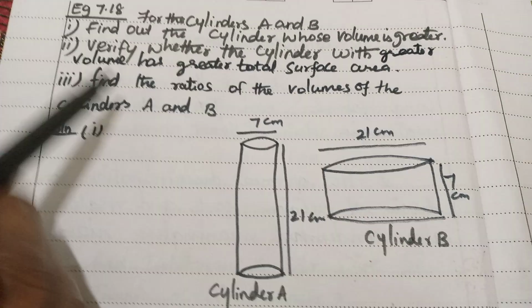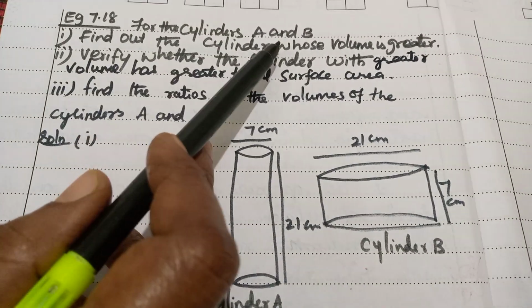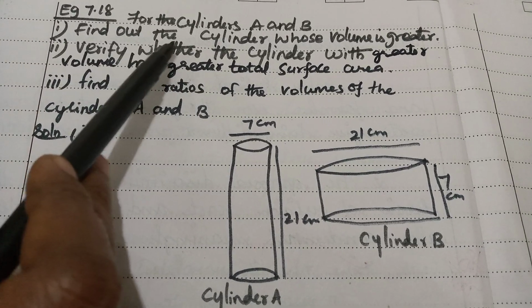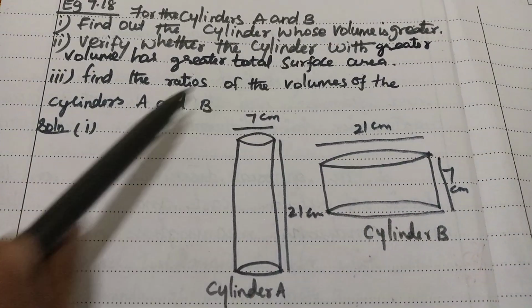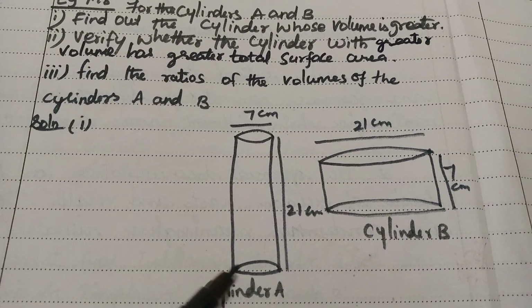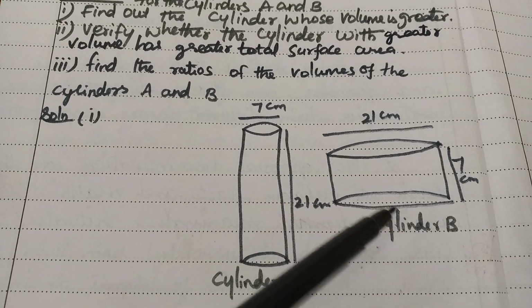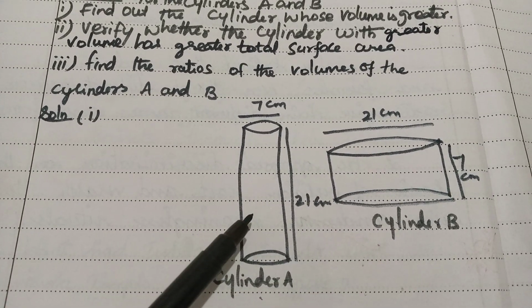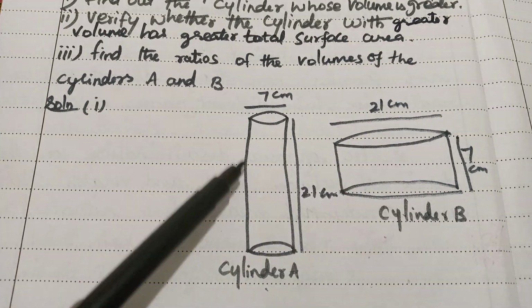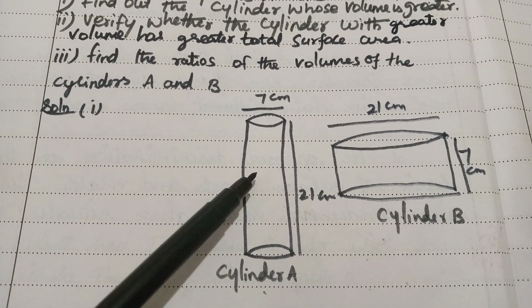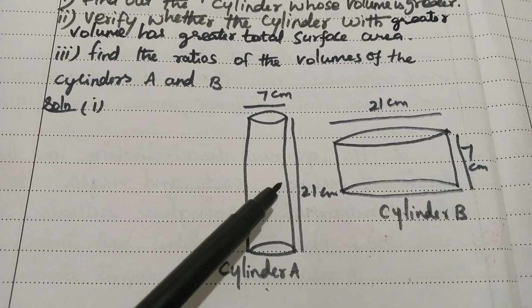So, example 7.18. For the cylinders A and B, find out the cylinder whose volume is greater. Two cylinders are given, cylinder A and cylinder B. First, we have to find the volume of both the cylinders and compare whose volume is greater.